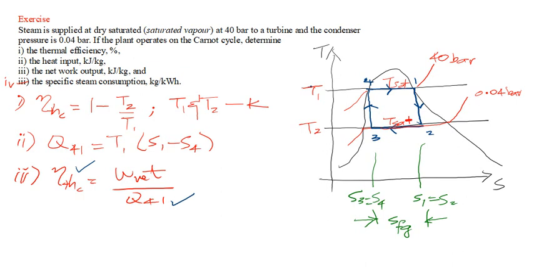In this case, we are going to solve for W net. It's easier using this formula rather than using the difference in enthalpy, because then you need to resolve H2 and H3, which involve X2 and X3, which is quite cumbersome. So it's easier to use this formula.